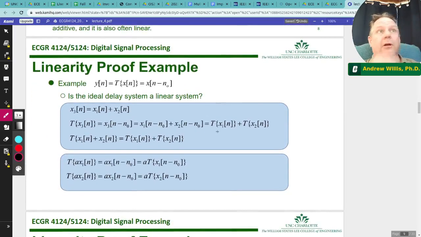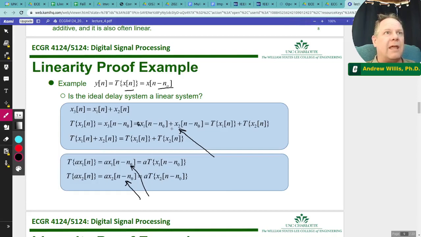So here's another linearity proof. Here's a system that does an ideal delay, and so we apply the delay and we get this is y1, this is y2, and if we apply it to the sum, we get this y1 plus y2, and we find that for the scale factor a, of course it doesn't seem like the scale factor here is included, but if you put an a in front of this and an a in front of that, you have equality.